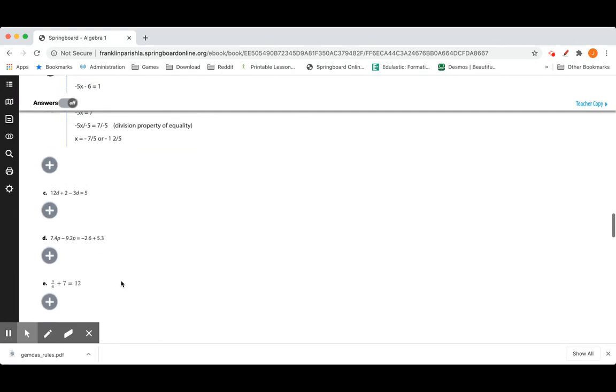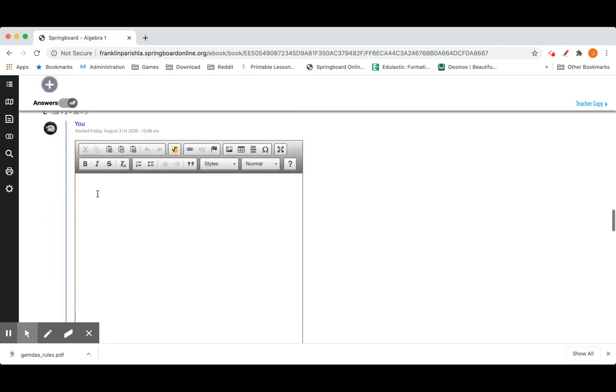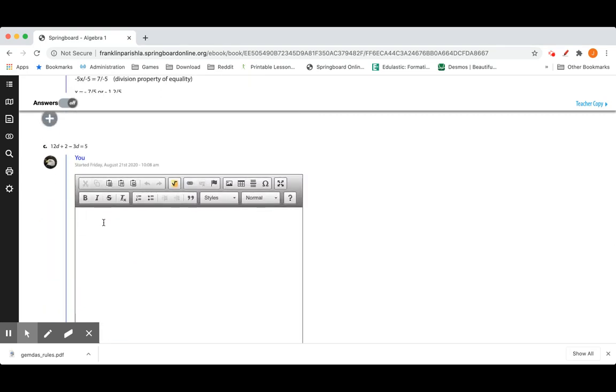We'll look at one more, C. 12d plus 2 minus 3d equals 5. Well, let's combine our like terms first.